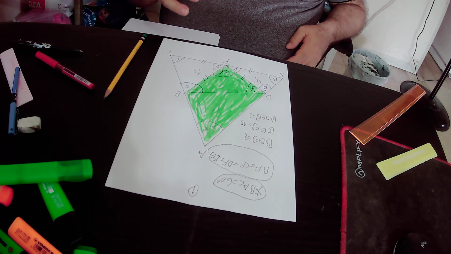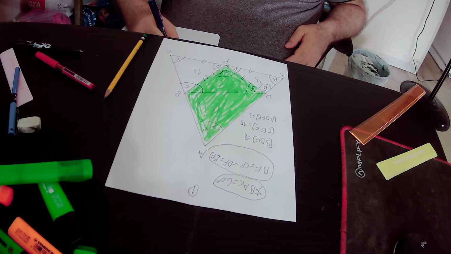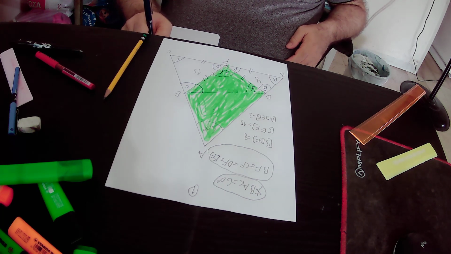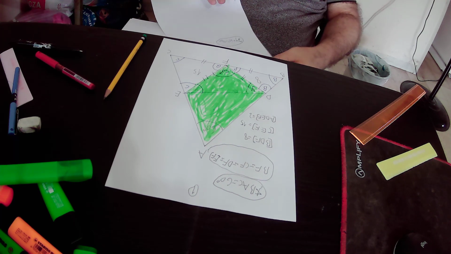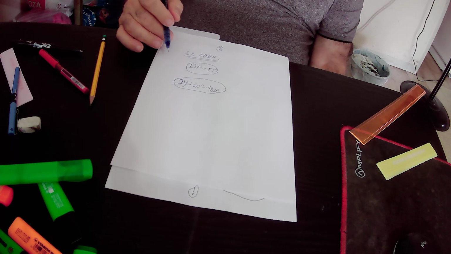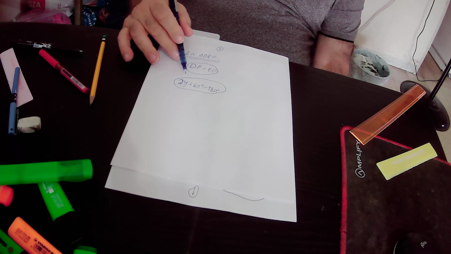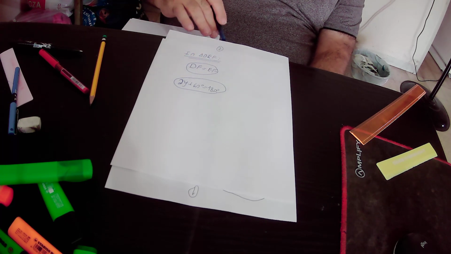So Y plus Y, or 2Y, plus 60 degrees equals 180 degrees according to rule number 1: the sum of the angles in any triangle is equal to 180 degrees. Therefore, in triangle DFE, 2Y plus 60 degrees equals 180 degrees.